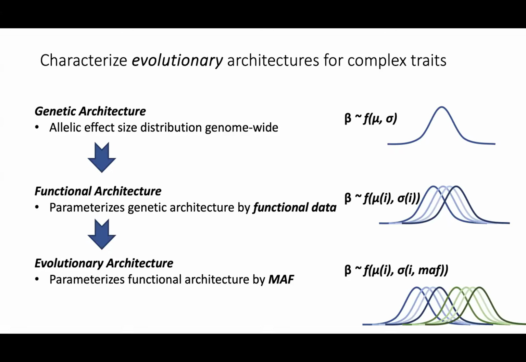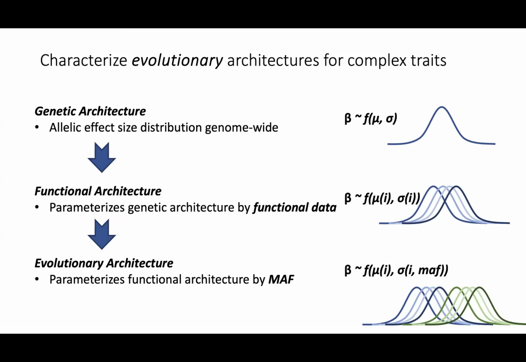That's been generalized over the past 10 to 12 years to this notion of a functional architecture. Rather than a single effect size distribution from which effects are spawned in some generative sense, we know that different properties of variants dictate what their effect sizes look like.